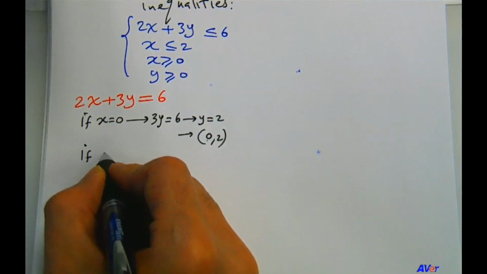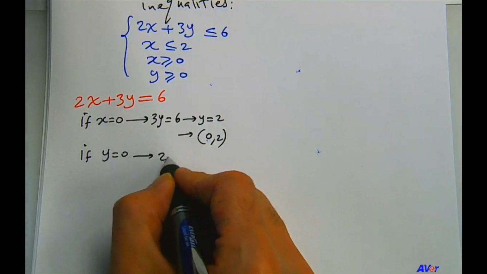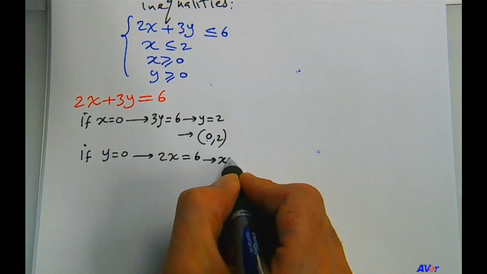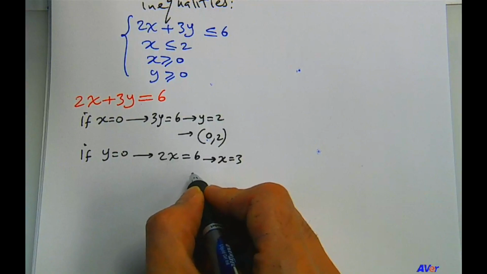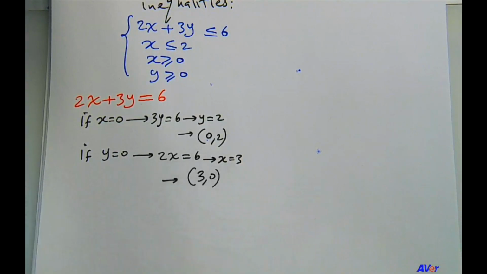If y equals 0 in that equation, 2x equals 6, which means x equals 3, or 3, 0 as the x-intercept.